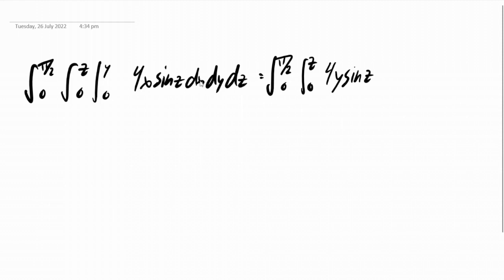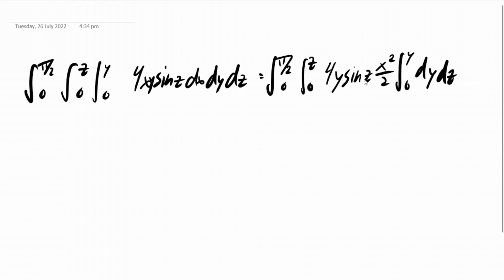Wait, forgot the y here. Since dx is left here, we will find the integral of x, that is x squared over 2 with limits from 0 to y, dy dz.